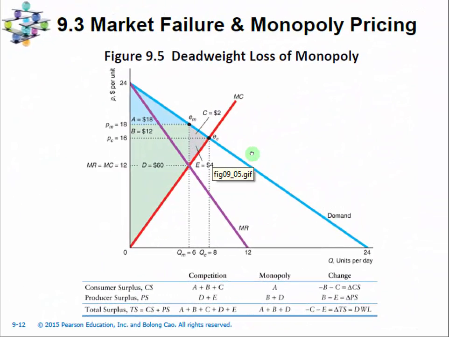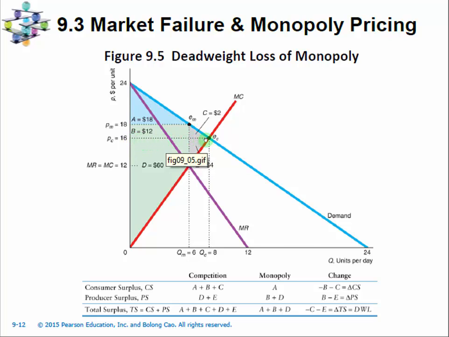Next, let's look at the economic well-being, or say the social welfare implication of this monopoly pricing. First, if we reinterpret this marginal cost curve as the market supply curve in a perfectly competitive market, then where it meets the demand curve will set the price.